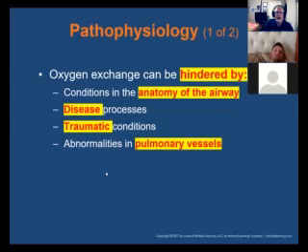Traumatic conditions. We'll spend some time in the chest trauma chapter talking about pulmonary asphyxia, someone who receives a major blow to the chest and they have traumatic asphyxia.